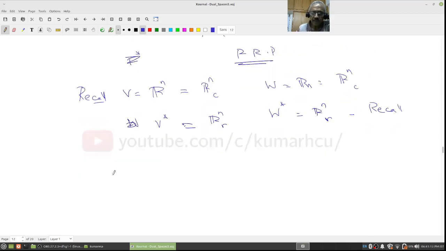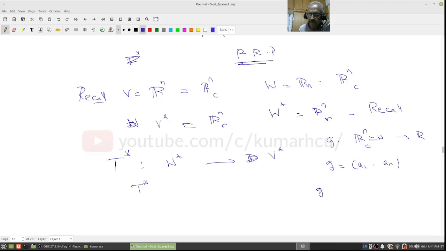Right? Therefore, now look at what is T star from W star to V star. So you give me anything. Okay. Now how did I identify? Let's go back. If G is from Rn column to R, then this can be identified with a1 to an, where G of the vector x is a1 x1 plus an xn.